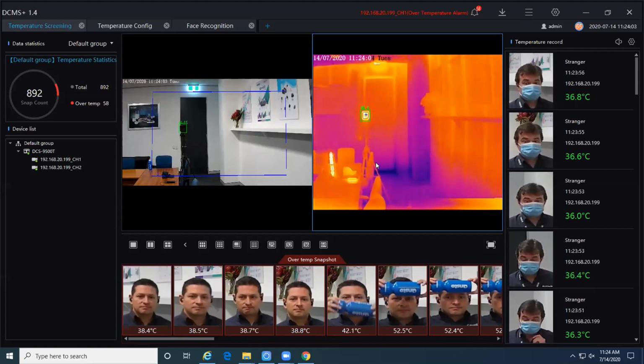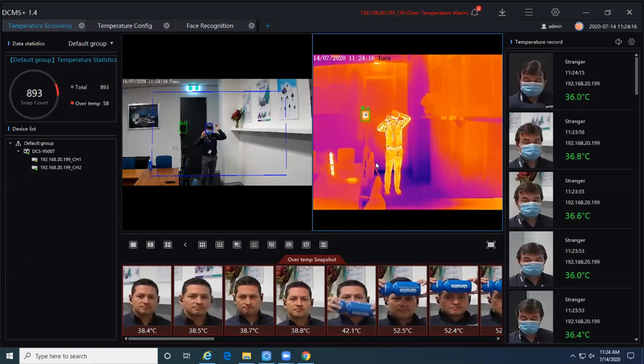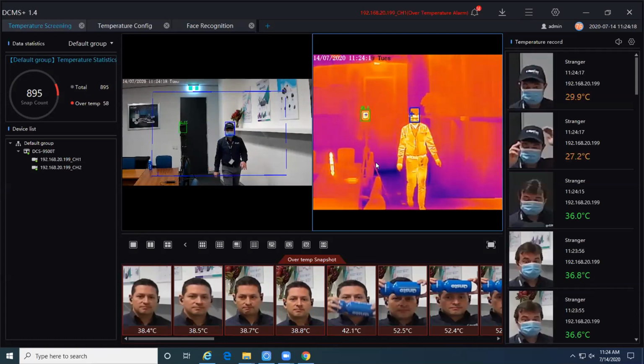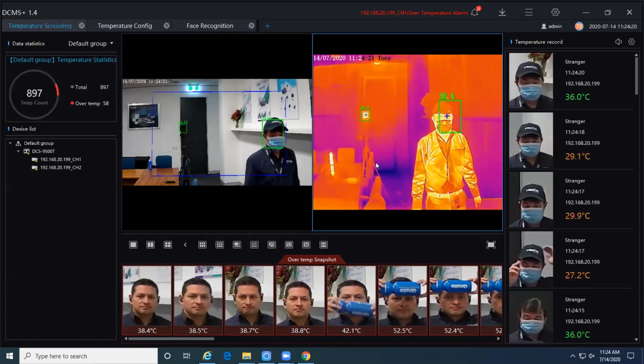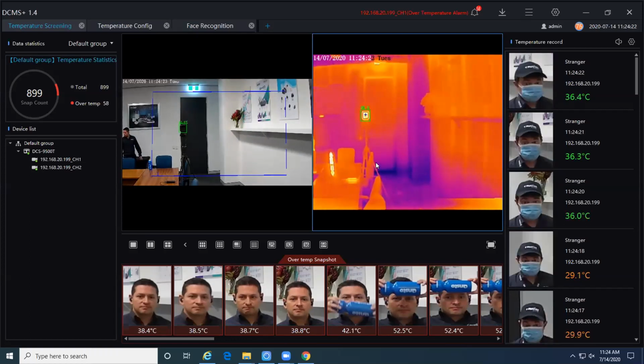So the facial recognition will see where the face is, identify where the forehead is, and the high resolution temperature sensor will pick up the temp of the forehead. Even if you're wearing a hat, as you can see, it will pick up your temperature as well. It just needs a little bit of sight of your forehead, and it will pick it up right away. So as you can see, very advanced system.